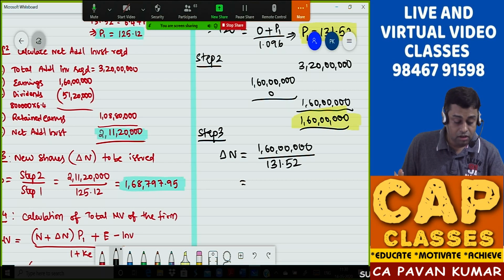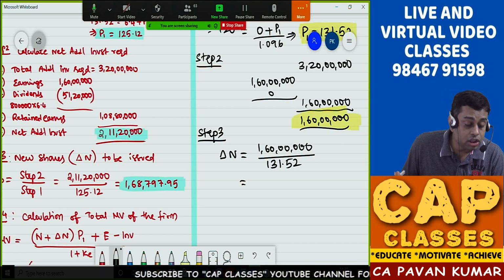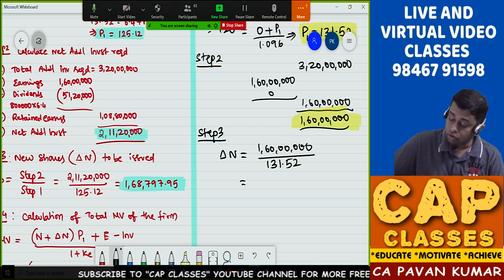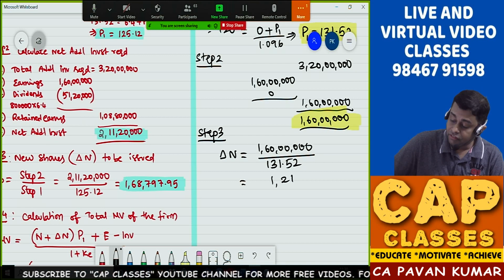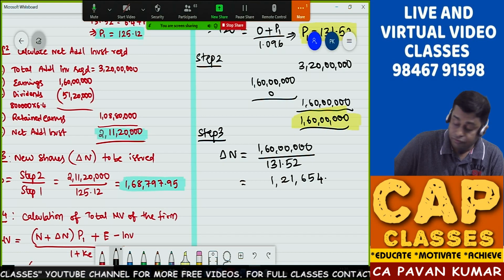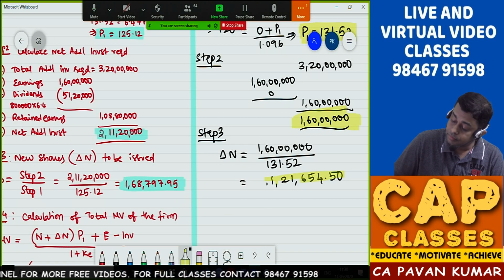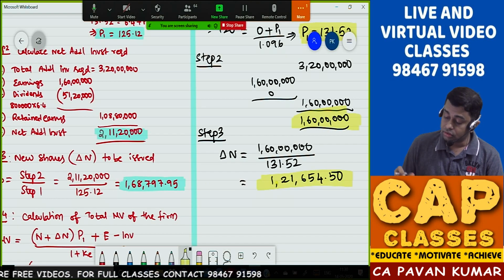How much is it? 1 crore 60 lakhs divided by 131.52. That comes to 1,21,654.50. These are the new shares to be issued.